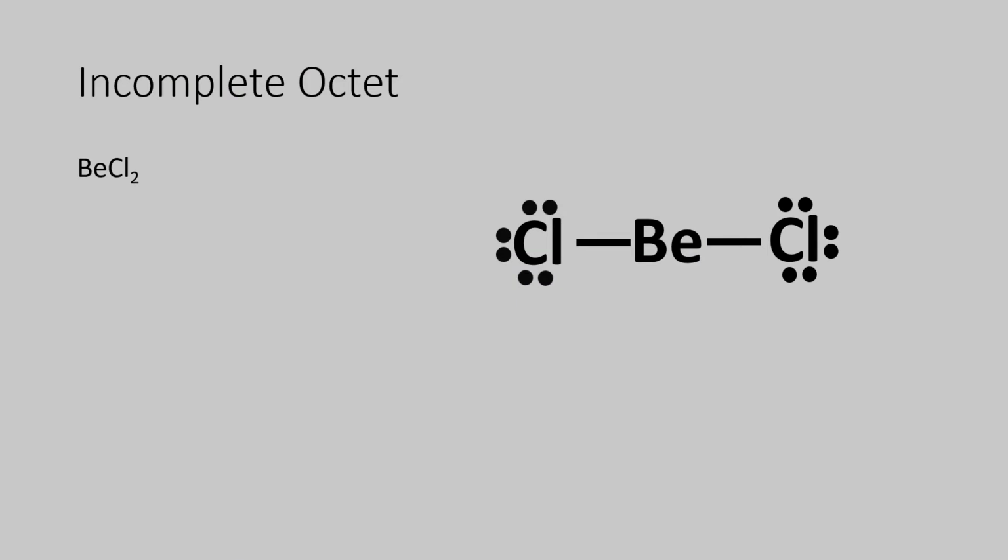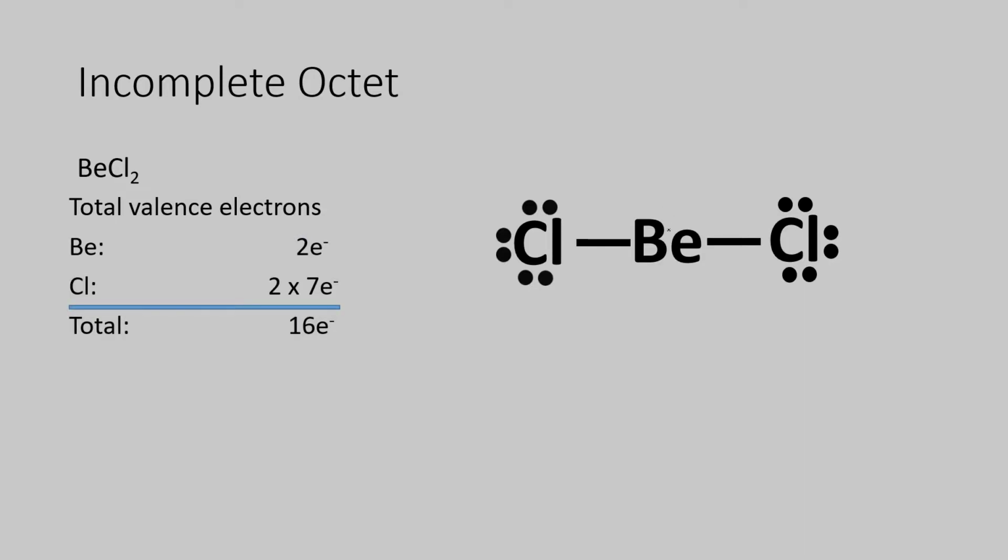So this is an example of incomplete octet, which is beryllium chloride. For beryllium chloride, you count all its valence electrons and you get 16.